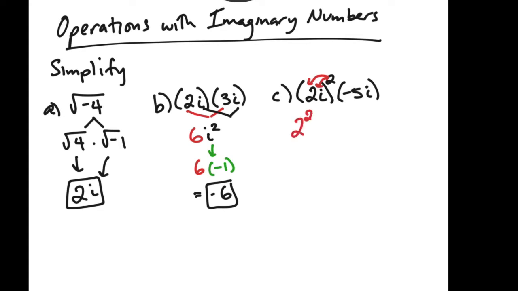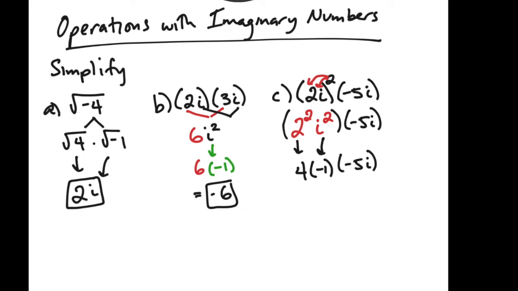So it's really 2 squared and then i squared times -5i. 2 to the second power is 4. i to the second power is -1, times -5i. This is -4 times -5i. Negative times the negative is +20, and we just leave it as i.